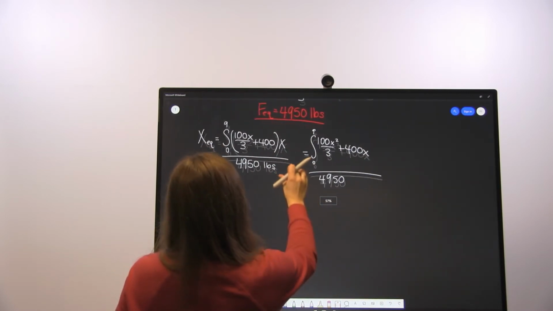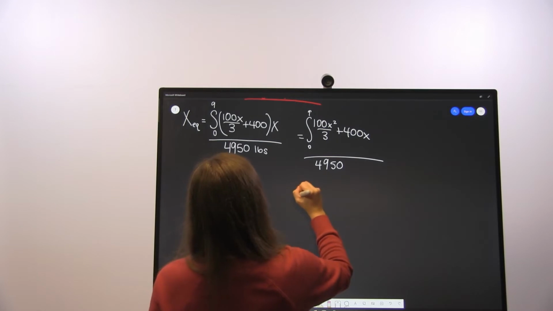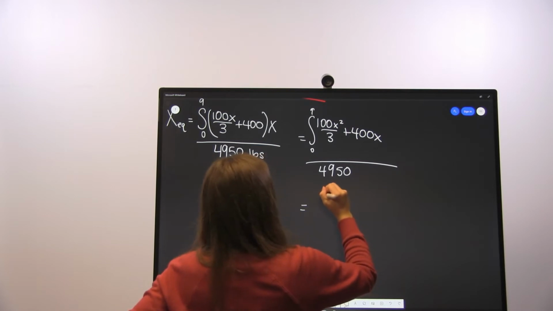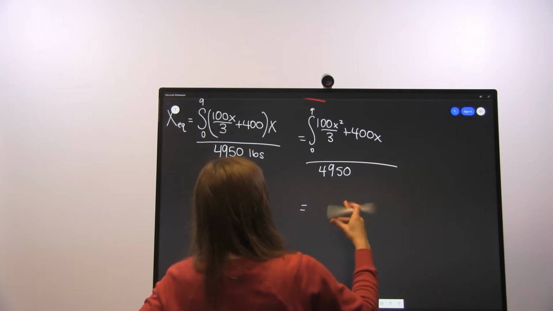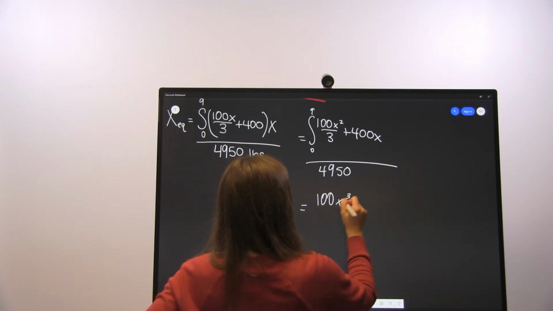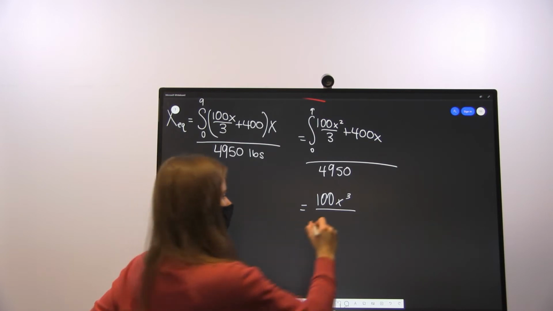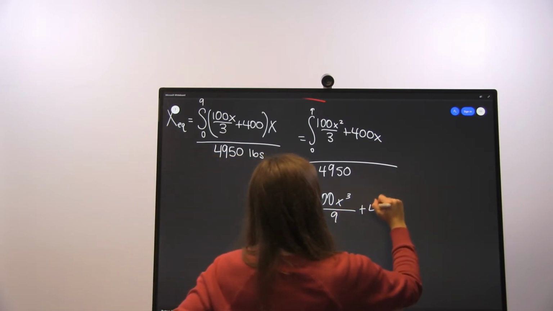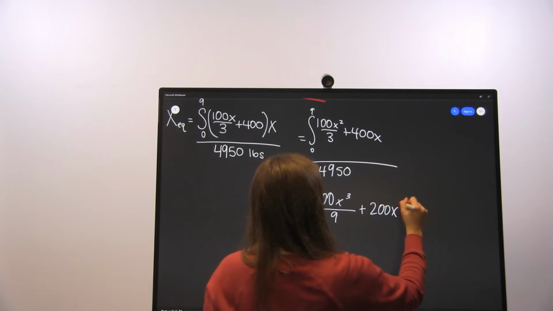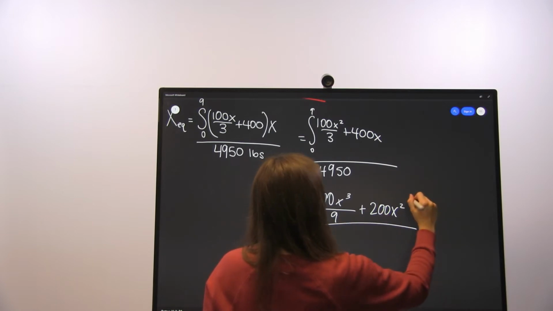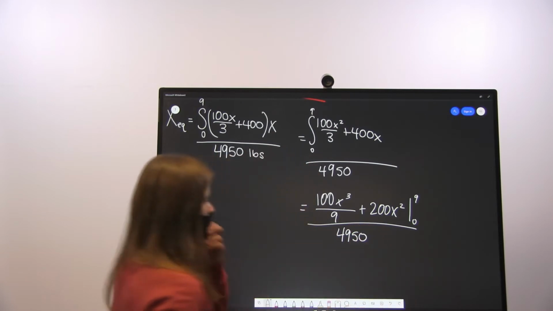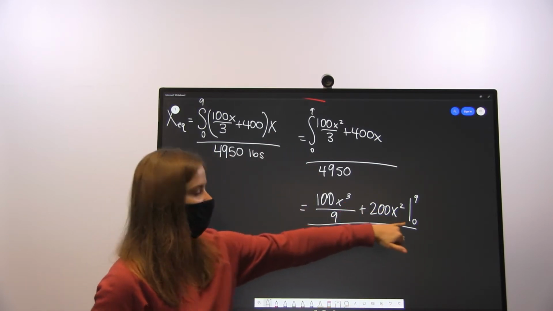And then there, that gives us 100 x cubed over 9 plus, or sorry, 200 x squared, going from 0 to 9, over 4950. And same thing, you plug in 9 for the x's and then 0 for the x's.